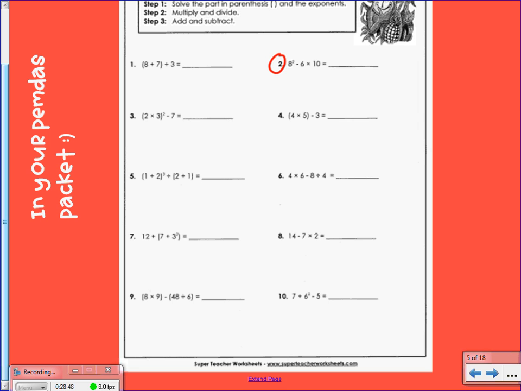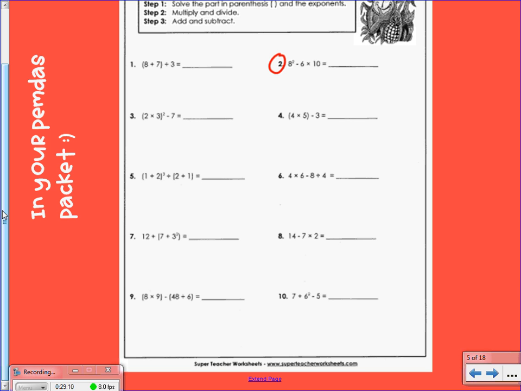What is the first thing you look for in order of operations, Jillian? Parentheses. Are there any parentheses? Nope. Nada. There's exponents. What do you look for next in PEMDAS? Emily? Exponents. We have exponents? Yes. So that is what you are going to solve first.